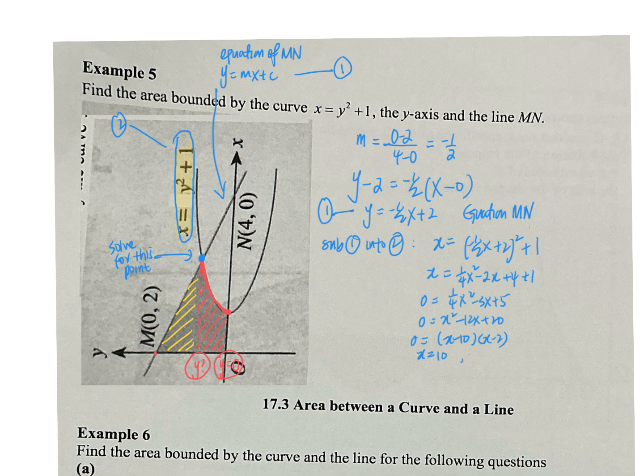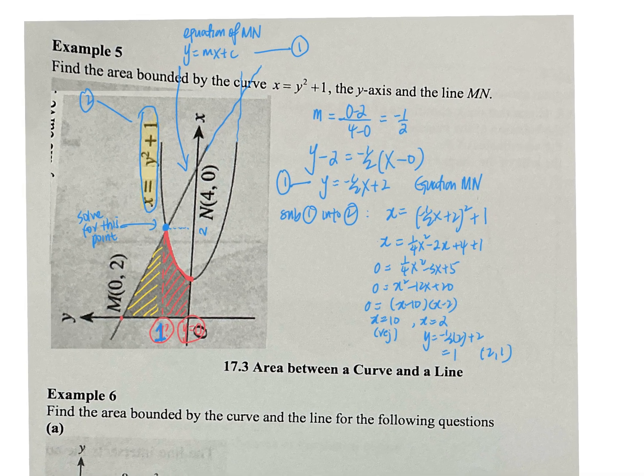So you have x equals to 10 and x equals to 2. So what should the x be? Cannot be 10, right? It's too far off because I think there's another point that cuts here. But we are not interested in that. So this one reject. This must be 2. Okay, so the moment this is 2, then you can go and find your y. So the point of intersection is (2, 1). So this point here is 1. Okay? So with that, you can now find your area.